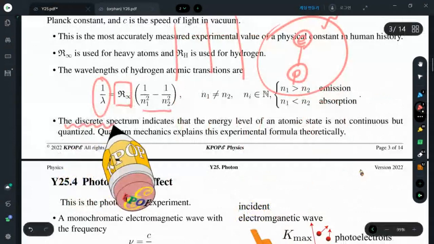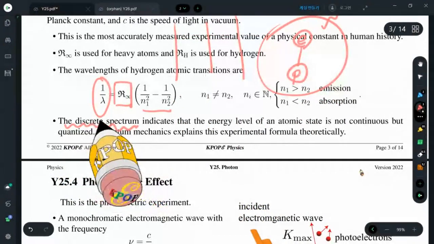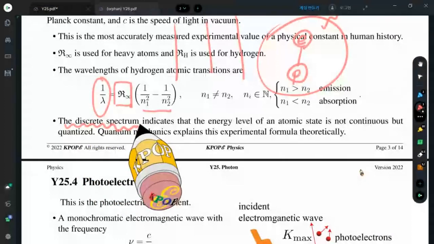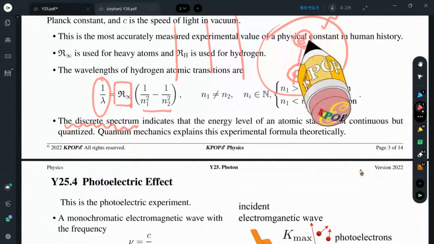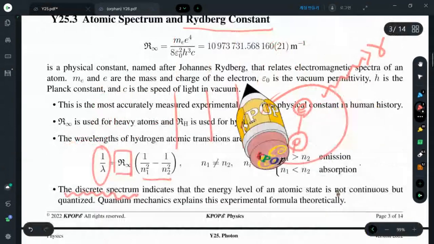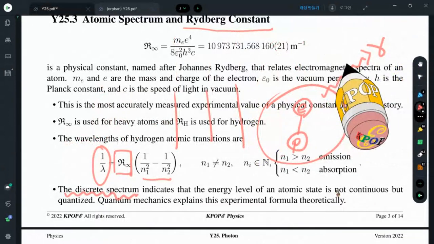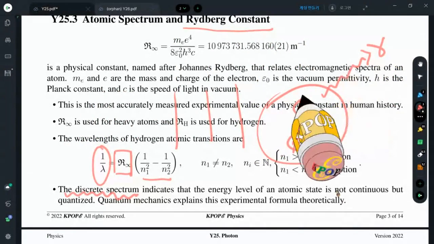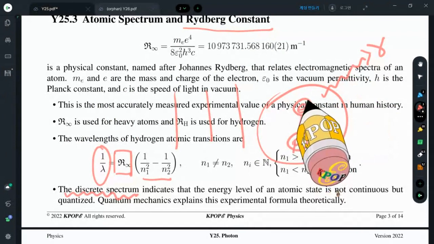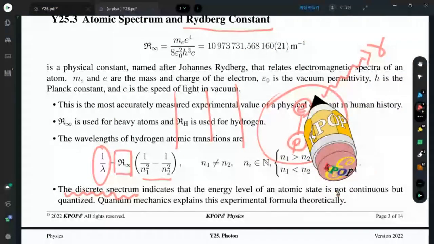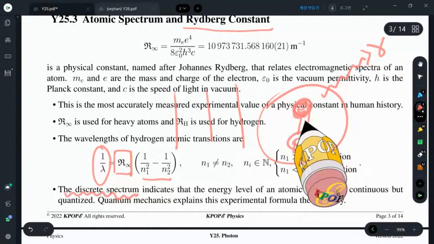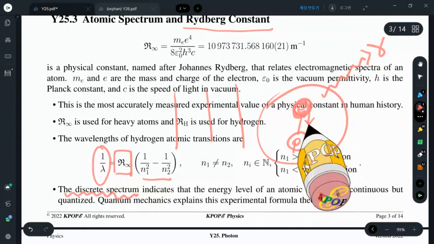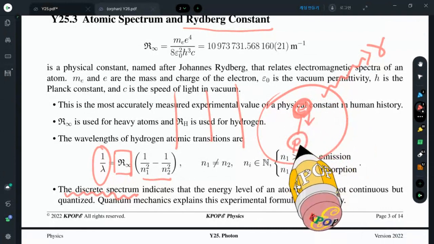So people wanted to understand this discrete spectrum, because in the radiation of a photon, if we consider the energy conservation of the whole system, it seems that after radiating a photon, the electron loses energy and goes further down, closer to the proton.